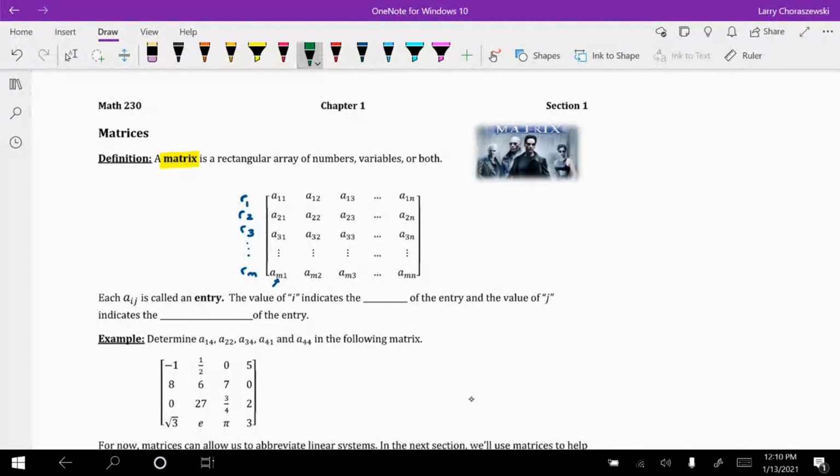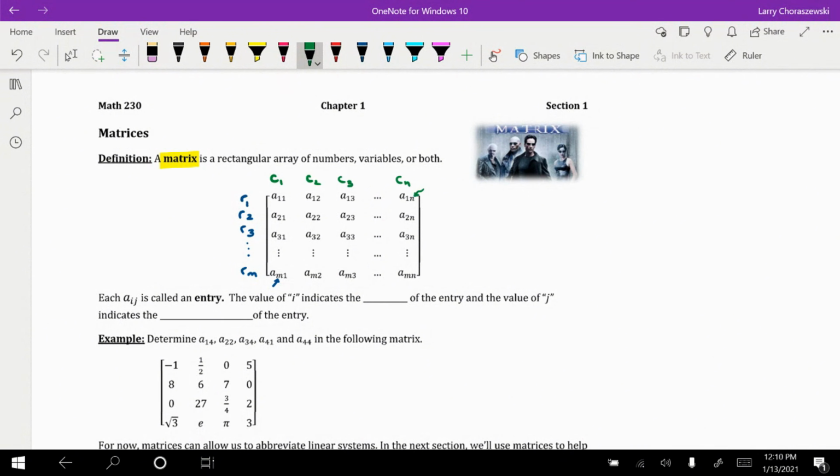The first column would be this, those consisting of A sub 1,1, A sub 2,1, all the way down to A sub M1. The second column will be to the right of that, the third column to the right of that, and we get all the way down to the nth column. And how do I know it's the nth column? It has to do with what they're writing after the explicit number here, so A sub 1n.